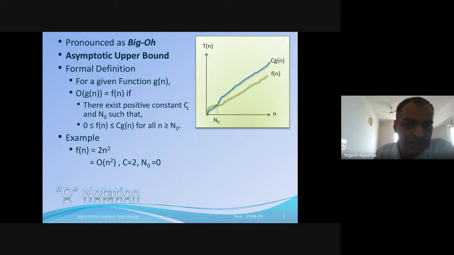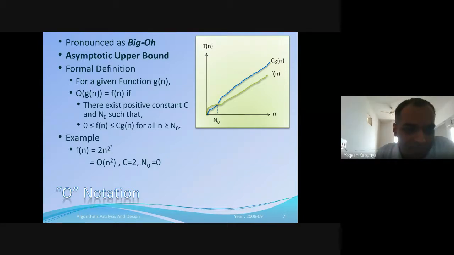Remember, both of these are constants. The objective is to find some value of c and some value of n0 for which this equation is true. So you are supposed to find out the big O notation for this equation.